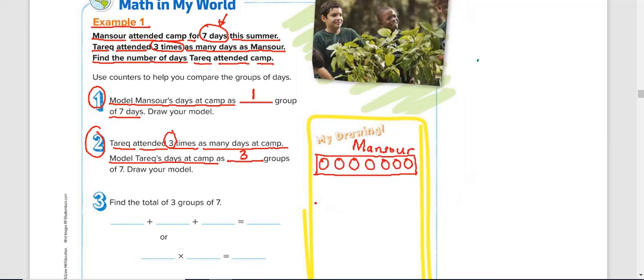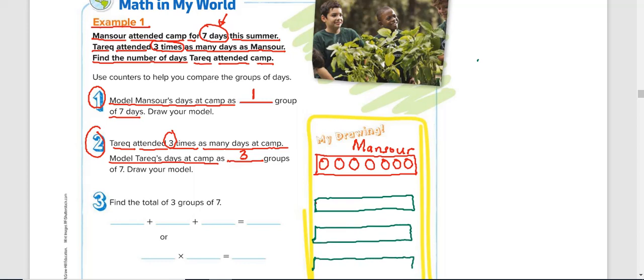So something like this for Tariq. We also have boxes, in this case 3 boxes, 1, 2, and 3. But in each of these boxes we have 7. 1, 2, 3, 4, 5, 6, 7. So in each box we have 7 days.